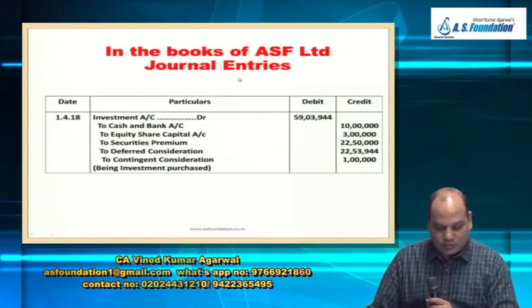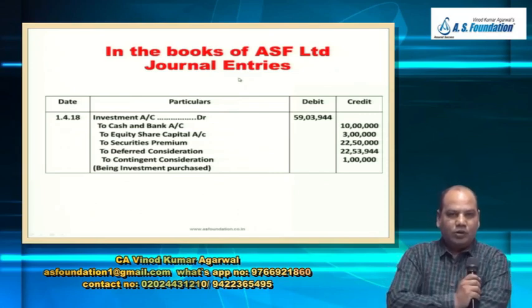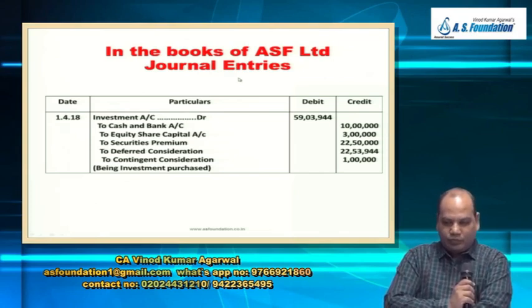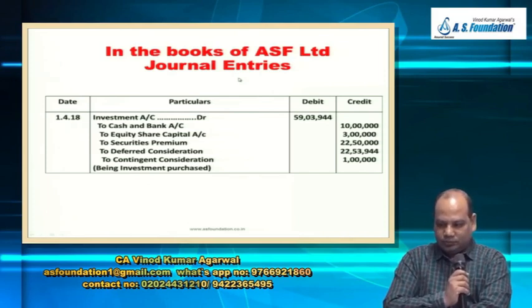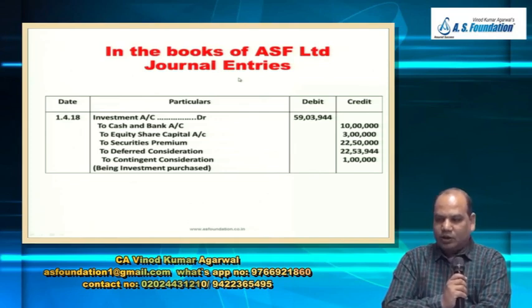So dear student, write down in the books of ASF Limited, journal entries. 1st April 2018, investment account debit 59,03,944, same amount.